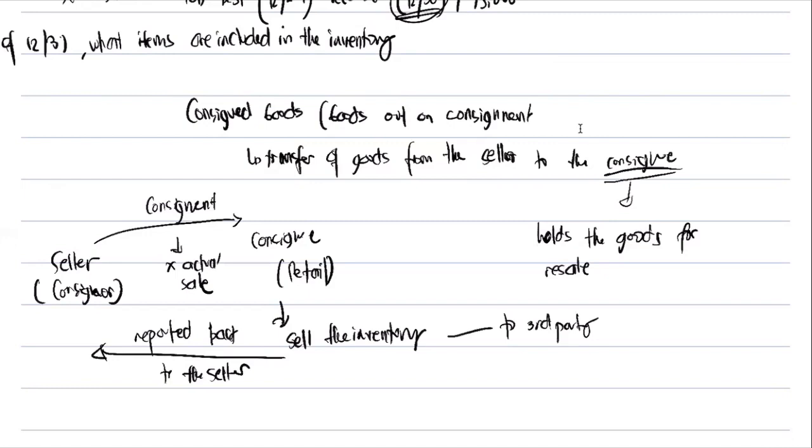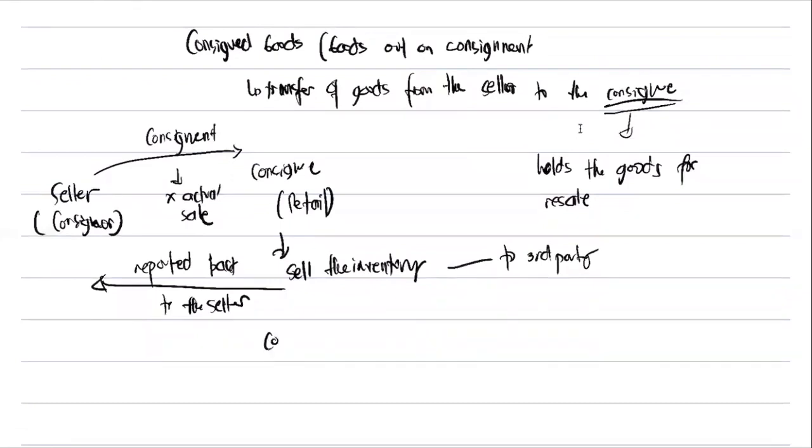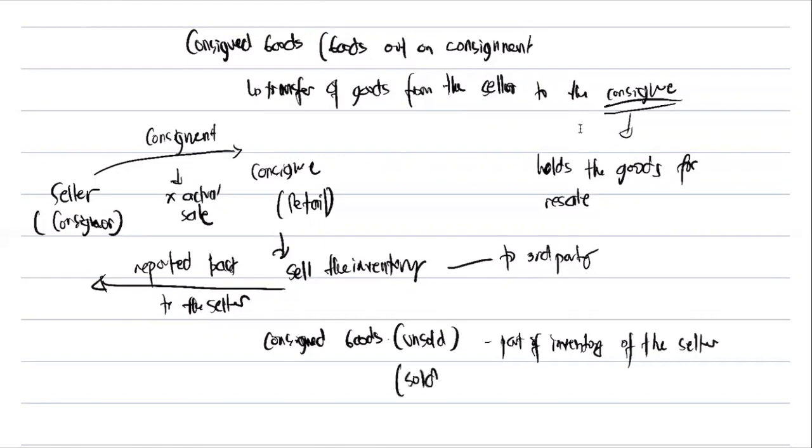So what is the rule then on consigned goods? Consigned goods that are unsold are part of inventory of the seller. If already sold, it is part of cost of goods sold. So again, in a consignment, the seller consigns inventory to the consignee in view that the consignee can sell it, and once it is sold, it will be remitted or reported to the seller.